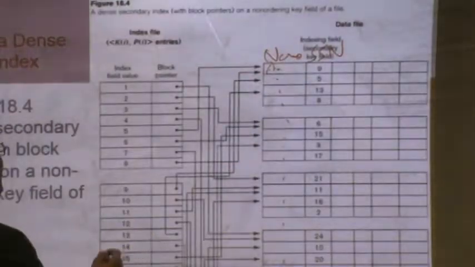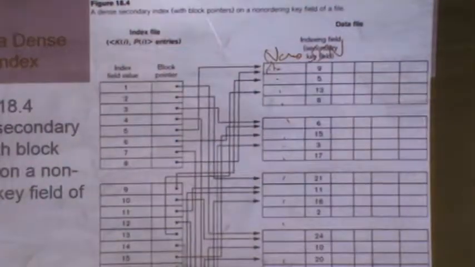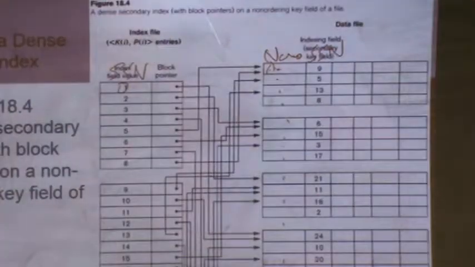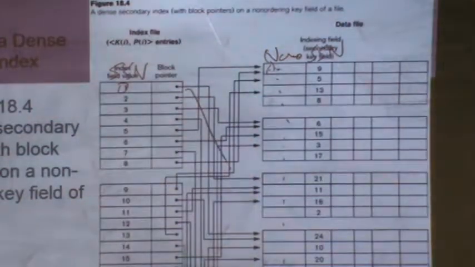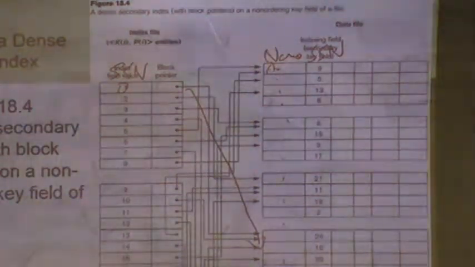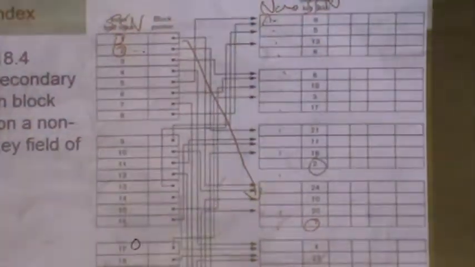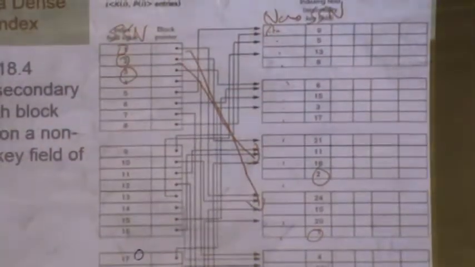So in this case, we need to make the dense index, with the index column social security number plus pointer. 1, where is 1? Here. So point here. 2, where is the 2? It's here. So point this block. 3, where's the 3?